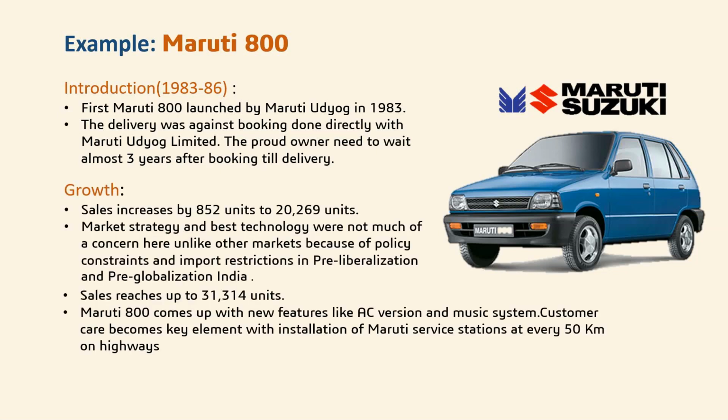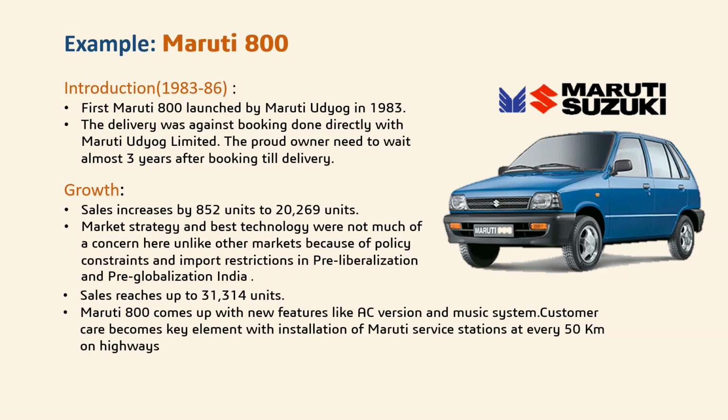And then they had many new inventions or many new features added to the product, and this led them to the growth part. And the sales increased day by day, which led them to 852 units to 31,000 units in a very less years.